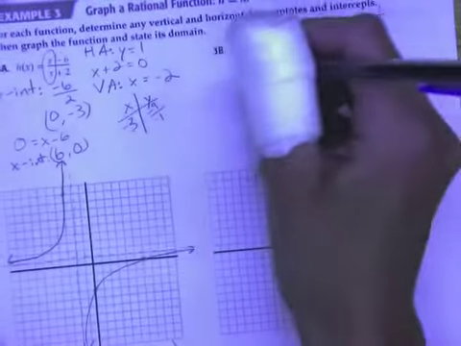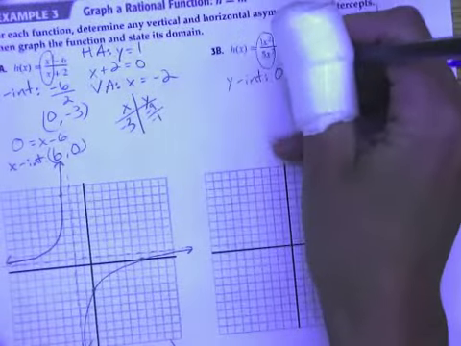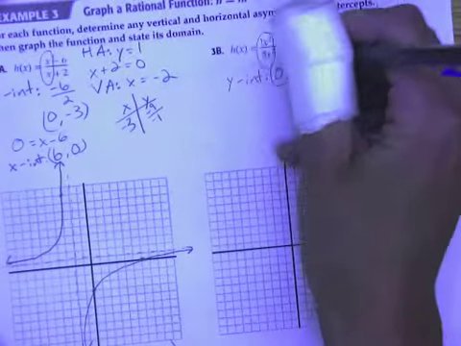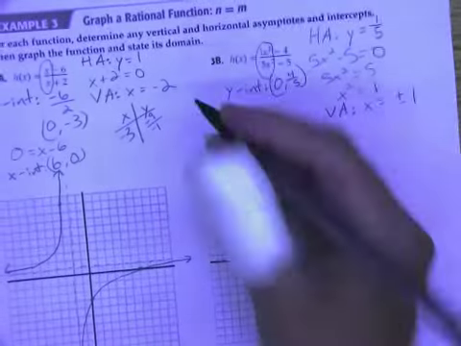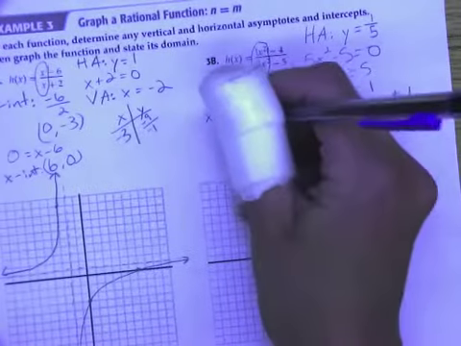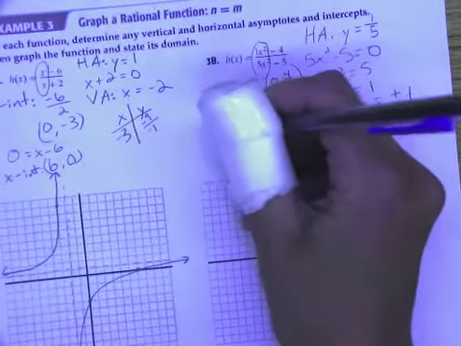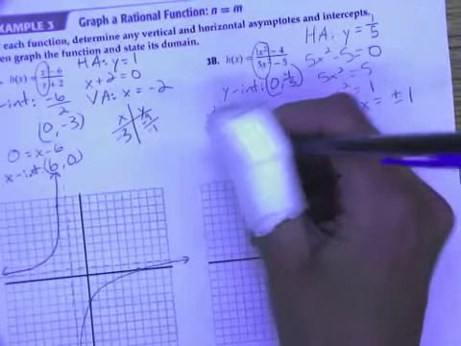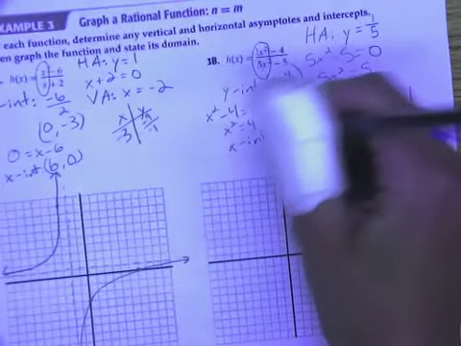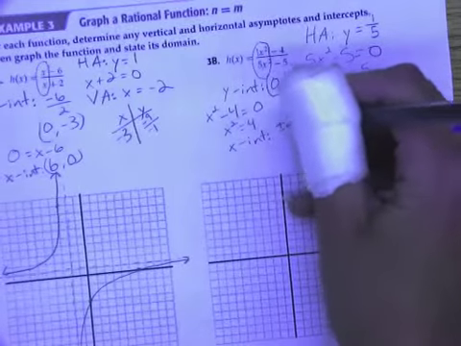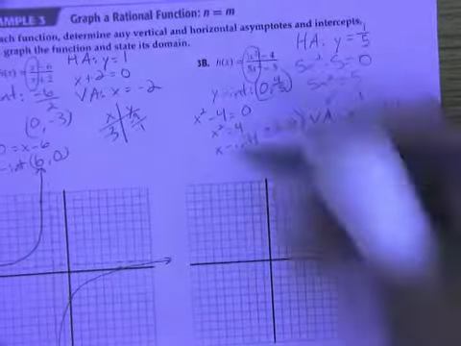For my intercepts, when I plug in 0 for x, this is 0 and this is 0, so I've got negative 4 over negative 5, so that's positive 4/5. So my y-intercept is 0, 4/5. And when I set up my numerator equal to 0, that's going to help me find my x-intercepts.